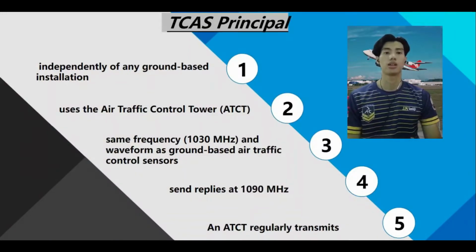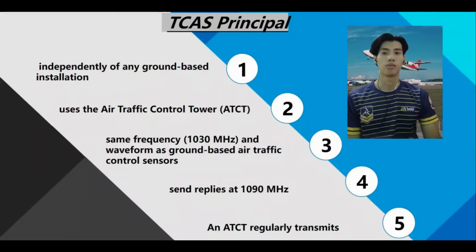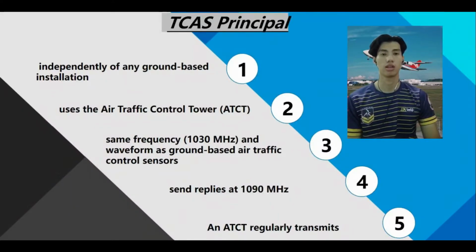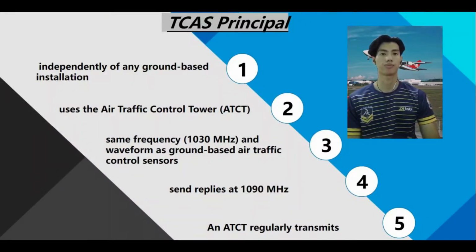Number 3, TCAS aircraft use the same frequency, which is 1030 MHz, and waveform as the ground-based air traffic control sensor. Number 4, transponders on nearby intruder aircraft receive this interrogation and send replies at 1090 MHz.